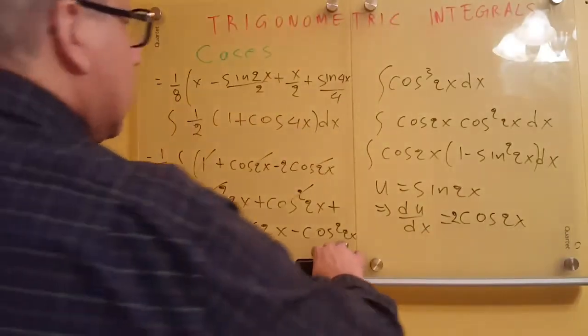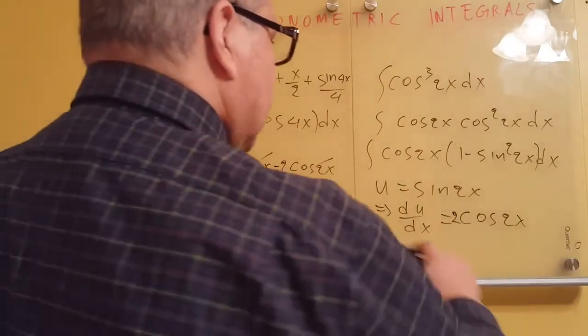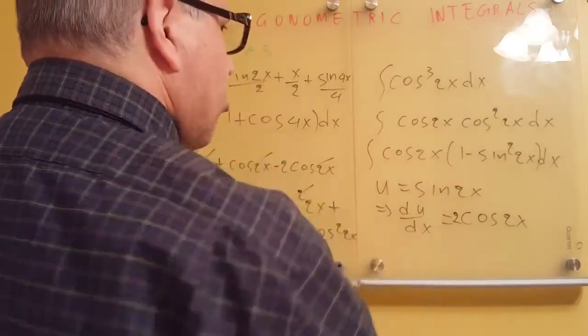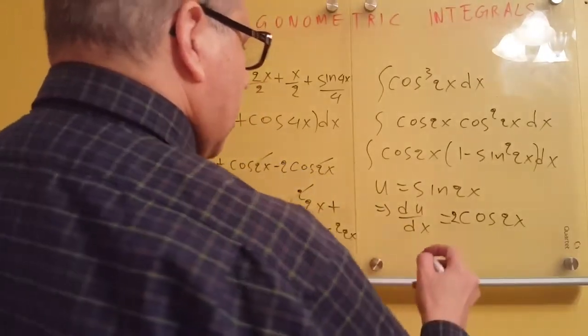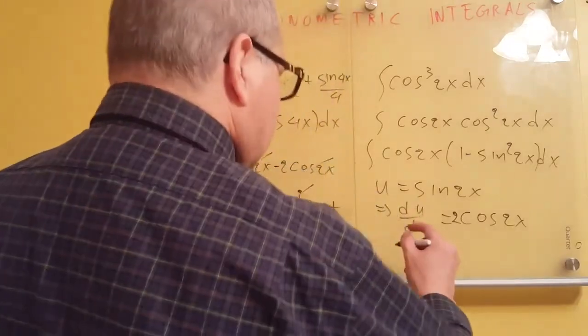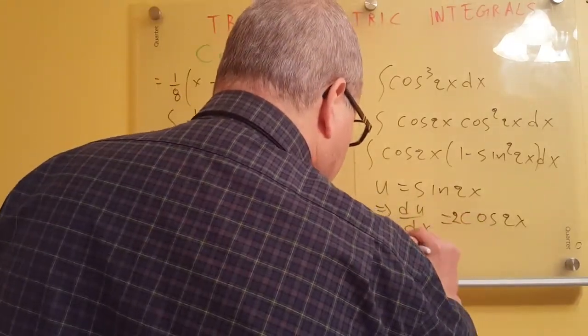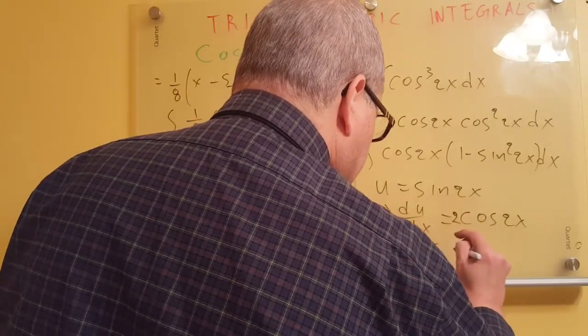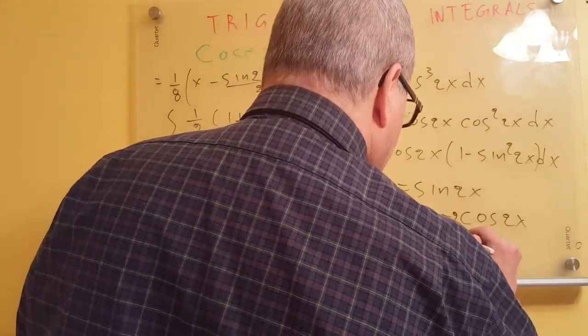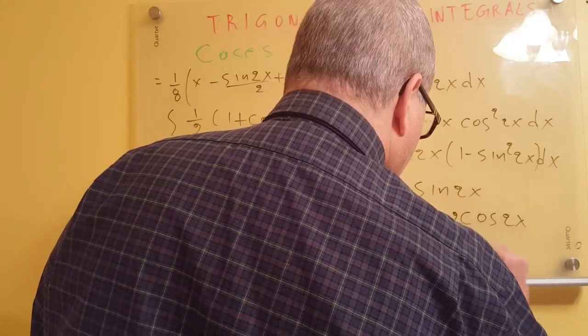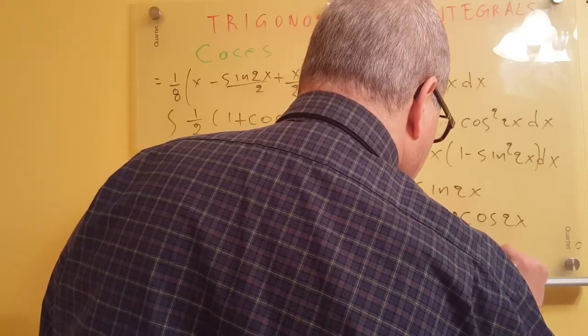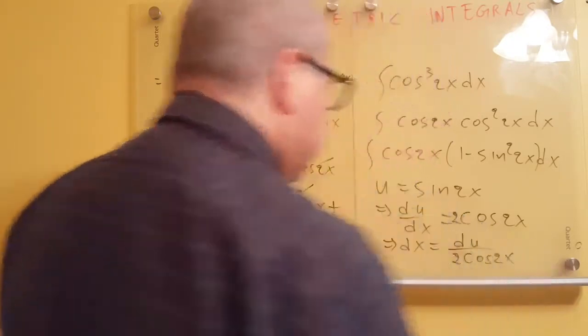So now if I solve here for dx, that will give me that dx is equal with du over 2 cos 2x.